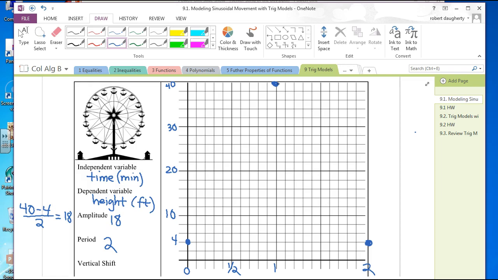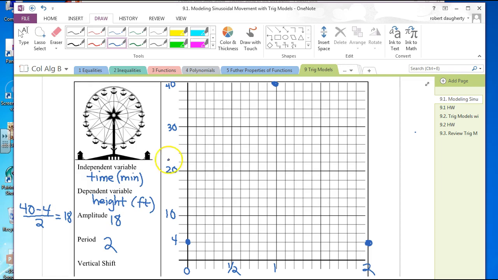If the amplitude is 18, that means I go 18 feet above something and 18 feet below something. I have to find out where that point is. If this is the minimum of the graph and this is the maximum, then if I either subtract 18 from this number or add 18 to this number, I should end up in the very middle. What's 18 plus 4? 22.